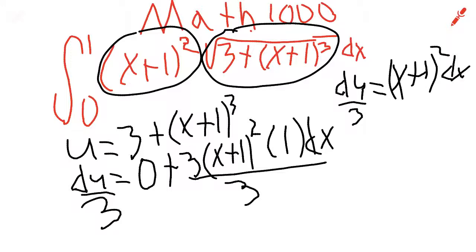So now that we have that, we can just go over here to a new page, and we'll have that the integral, we drop our integral once again, for the interval 0 to 1, du over 3, substituted for our (x plus 1) squared, times the square root of u, because remember, the value of u is inside a square root.